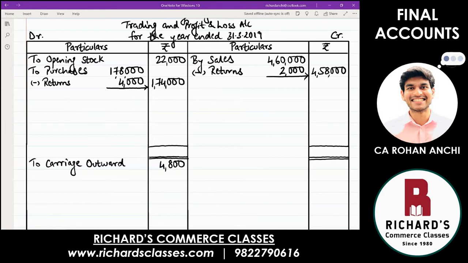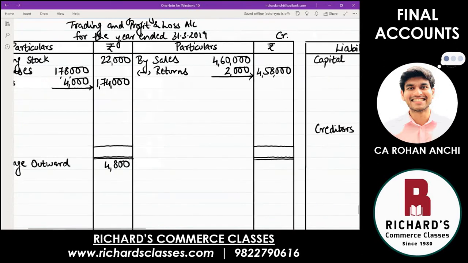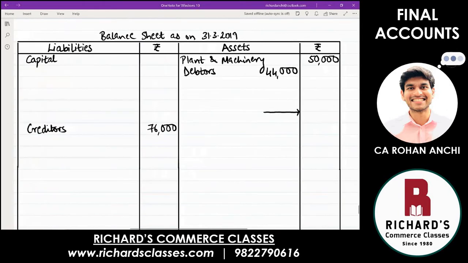Good. Then continue. Next item is building. Again, that is an asset. So after debtors, we have left 3 lines. Then you write buildings. Amount is 58,000.